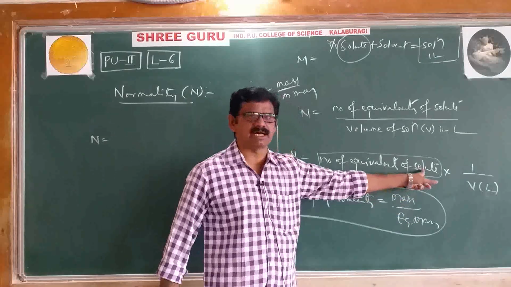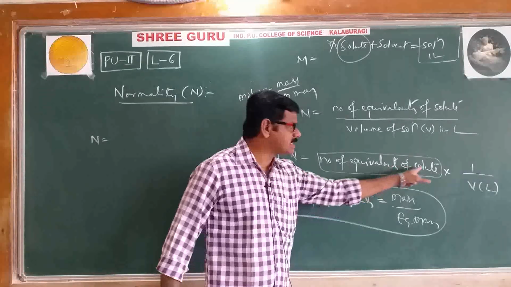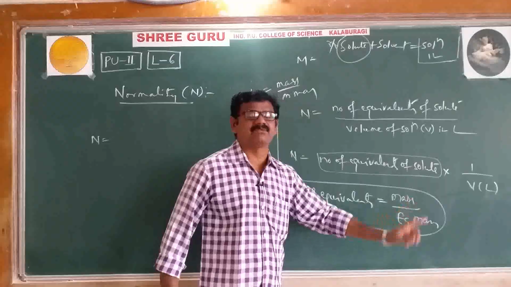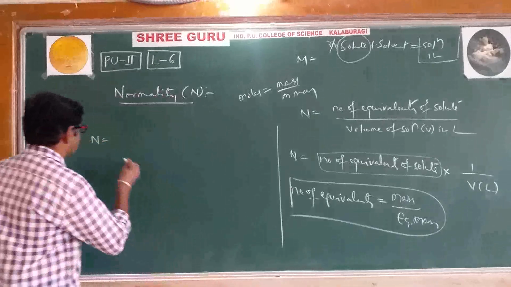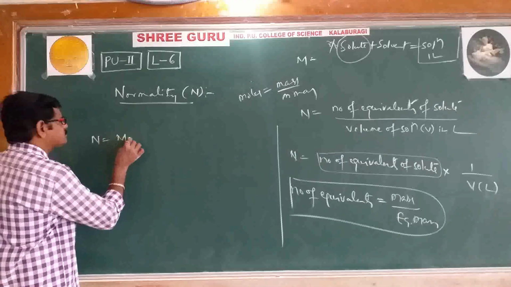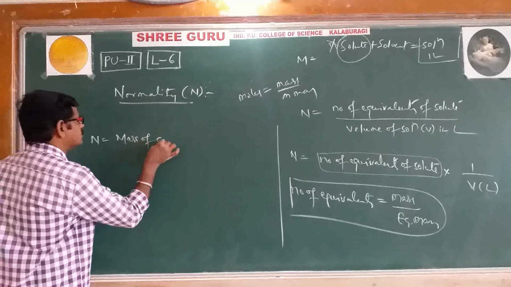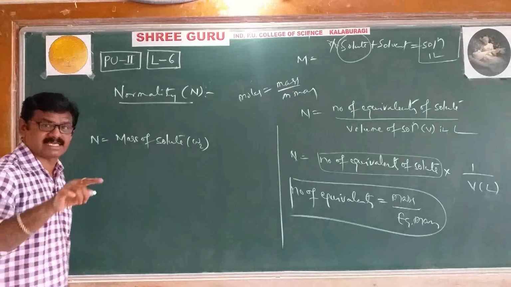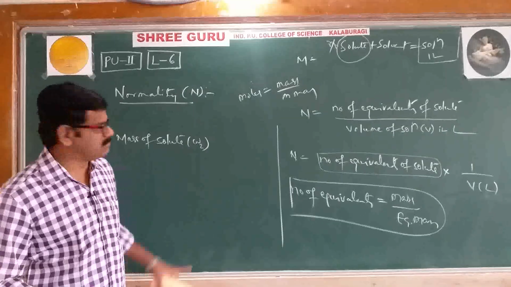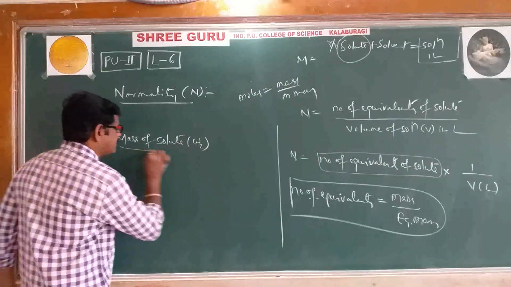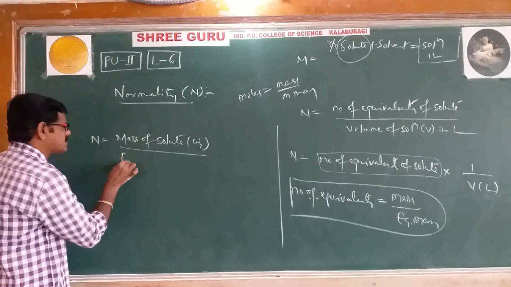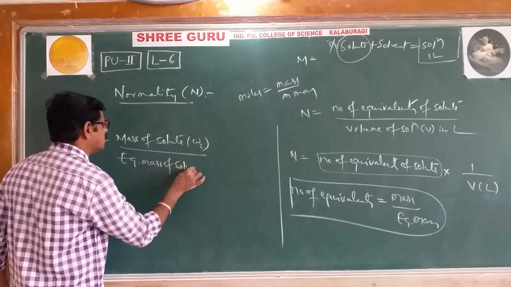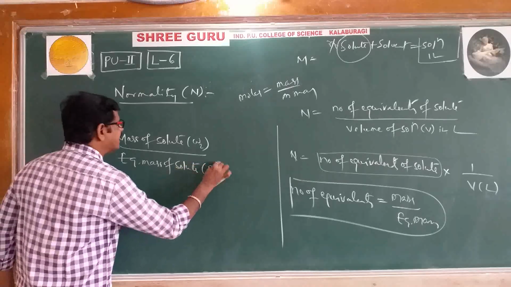Of course, solute mass, because we are talking about equivalents of solute. Therefore, normality is equal to mass of solute, W2, divided by equivalent mass of solute, E2.